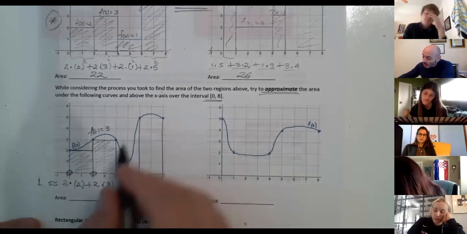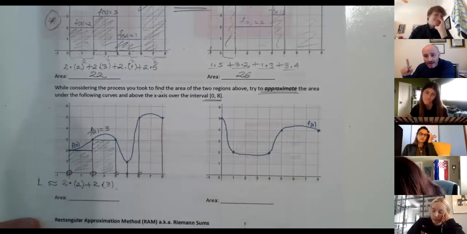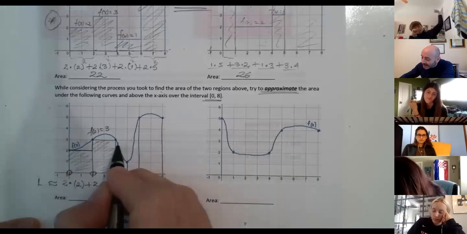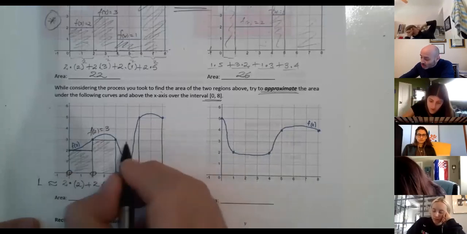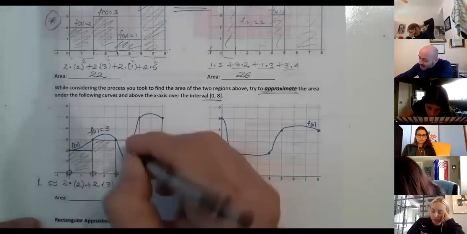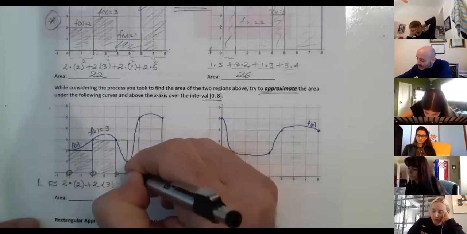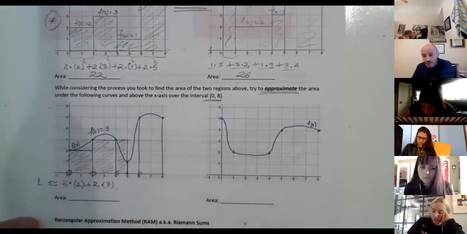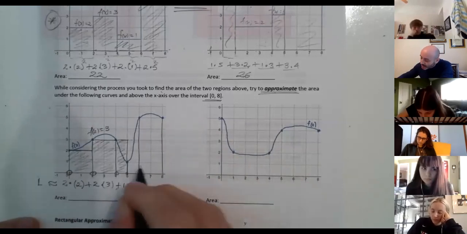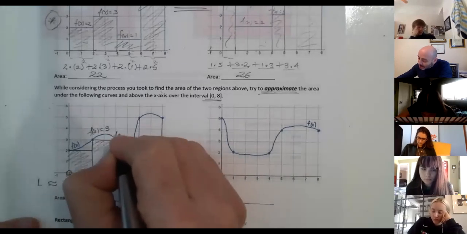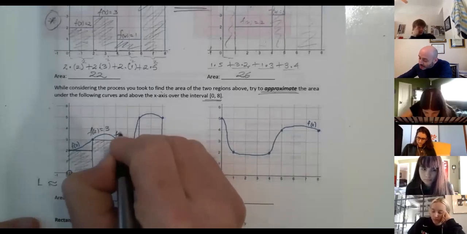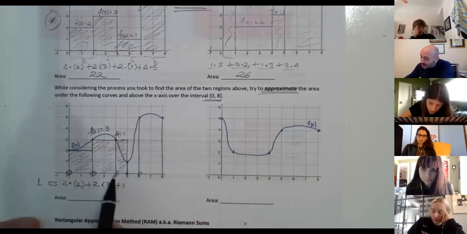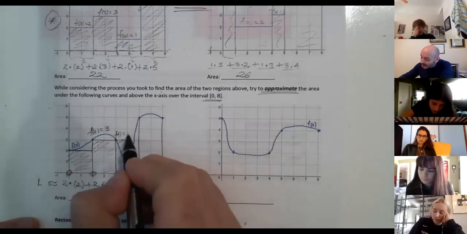Okay. On the following rectangle, if I use the left endpoint, the height is going to be here. So the rectangle I'm using is this. So for the third rectangle, the base is 1. How much is the function value at 4, which is the left endpoint? The function value at 4 is 3.